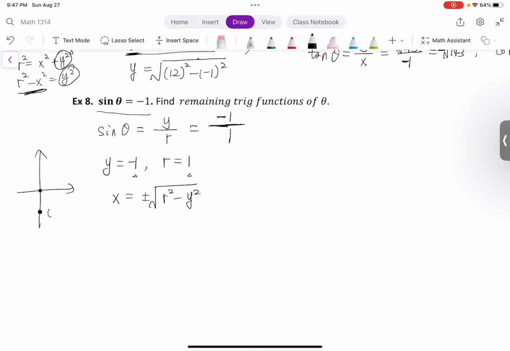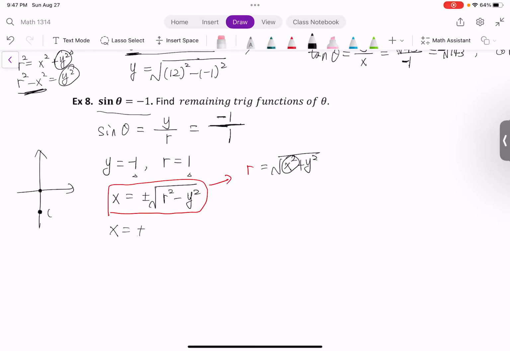If you want to ask me how I found this formula, I got this from r equals square root of x squared plus y squared, and isolate x. So I put all the information in it.